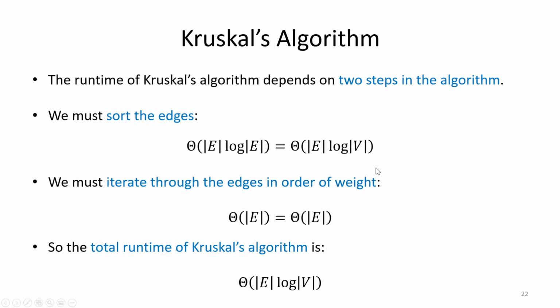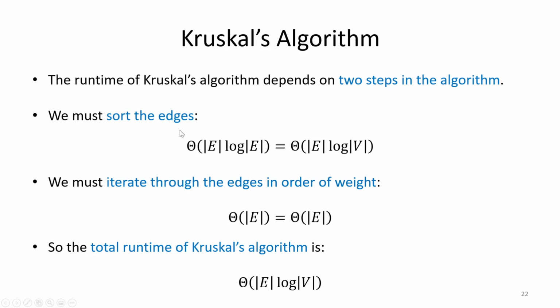However, we often want to have our runtimes written in terms of E and V, and we'll notice here that the log E, which could be V squared in the worst case, would only pop out a constant factor out front. So we actually just simplify the log E to log V.